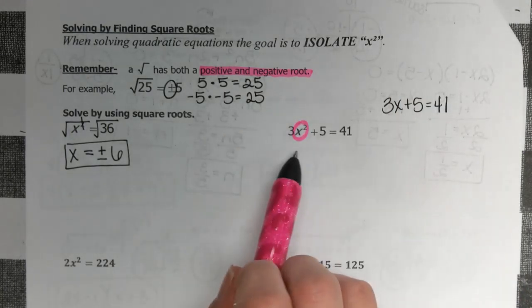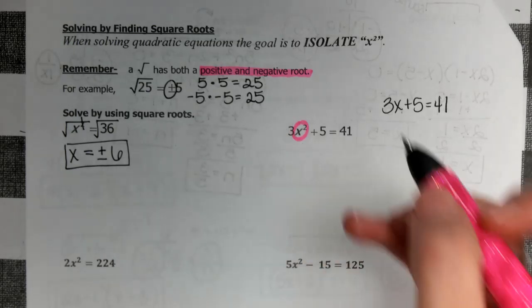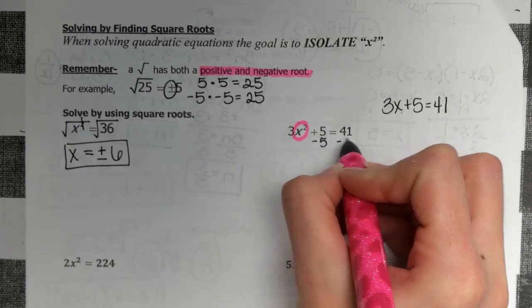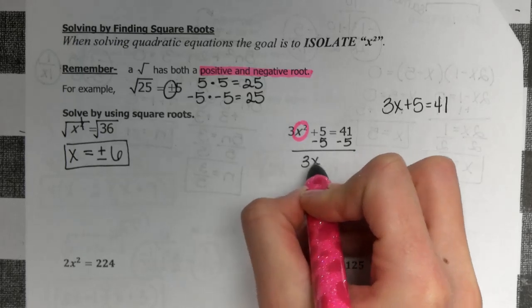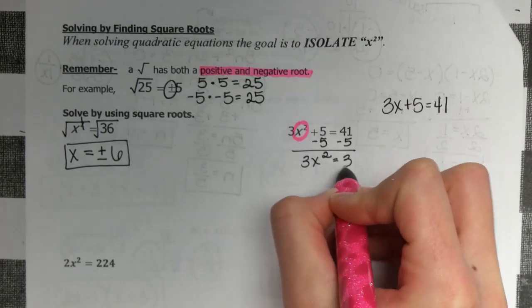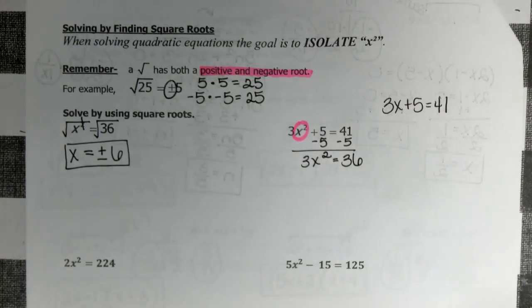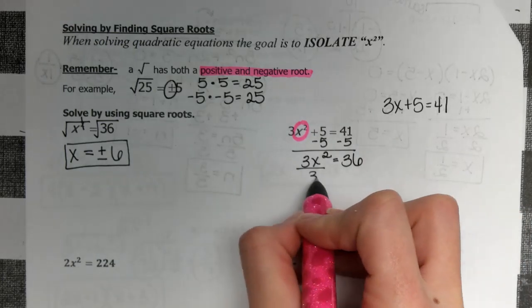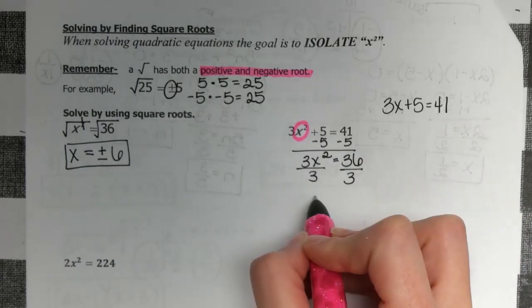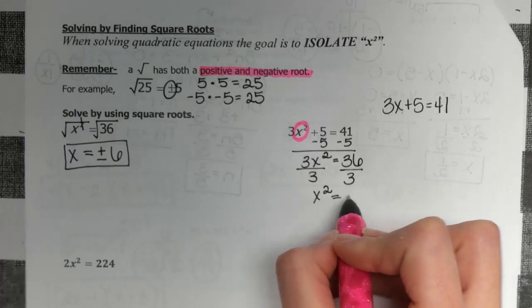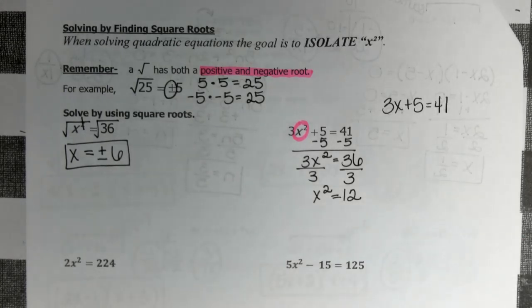Subtract your 5. That's what you do here. You're going to treat it the same way. So subtract my 5. 3x squared equals 36. Divide by 3. x squared equals 12.